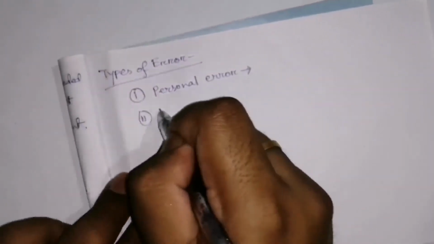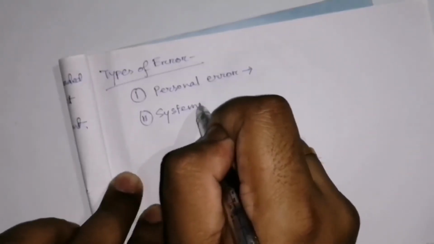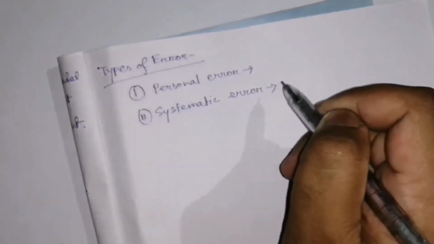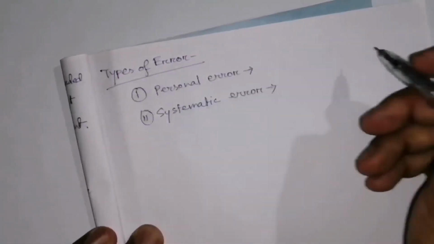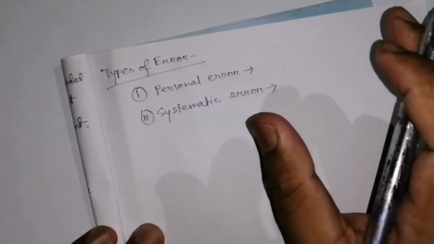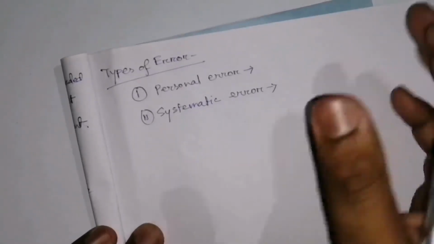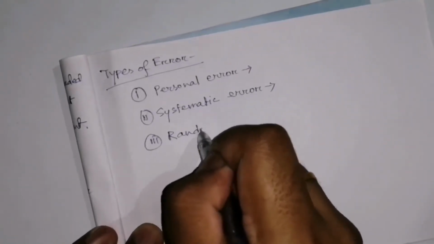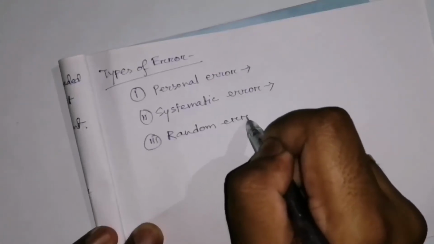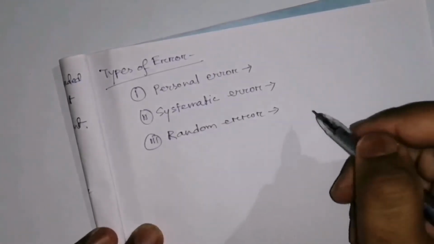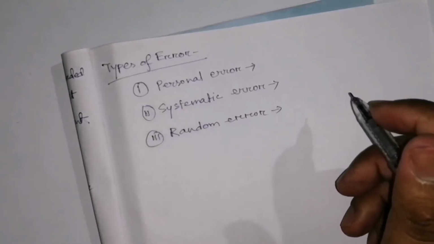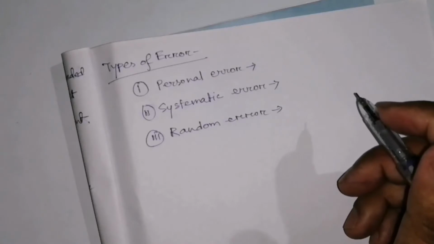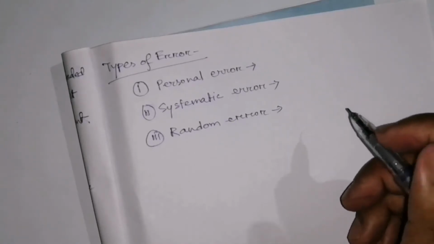Next is the systematic error. The systematic error arises when there is any fault in the measuring device. Thirdly is the random error. This error is encountered when there is a sudden change in the experimental conditions which leads to a change in the temperature, humidity, etc.